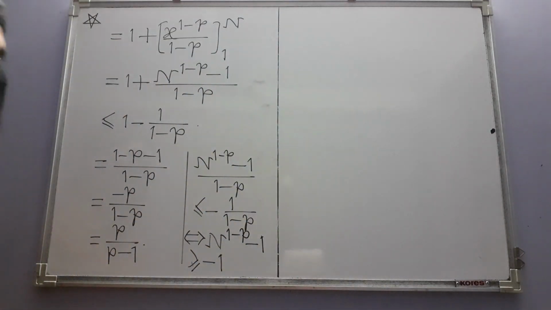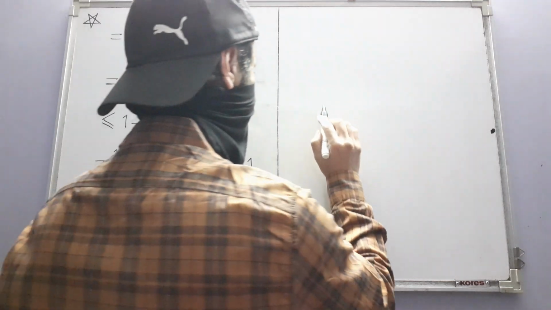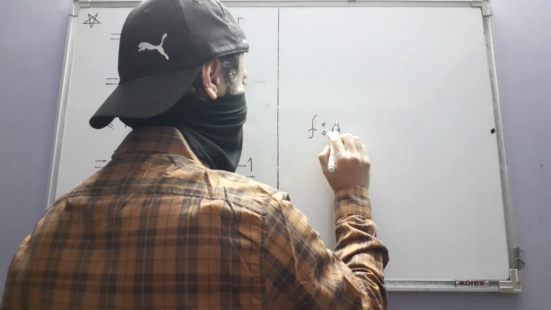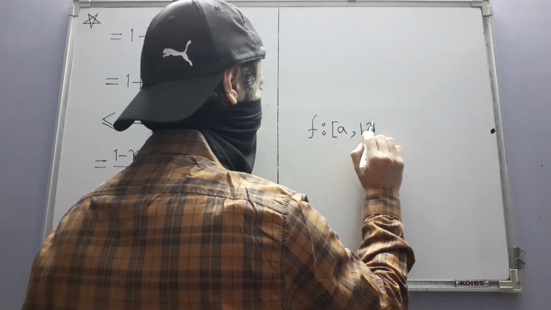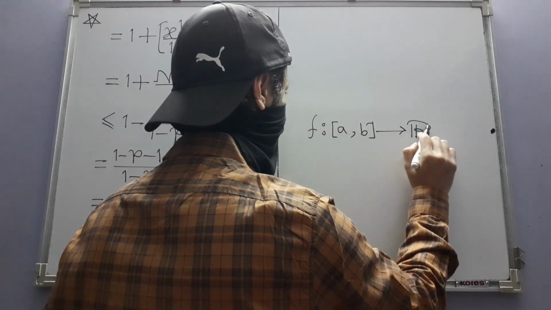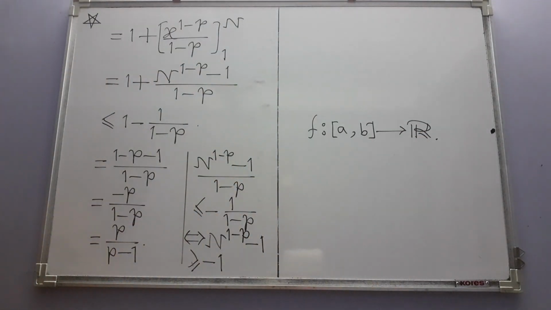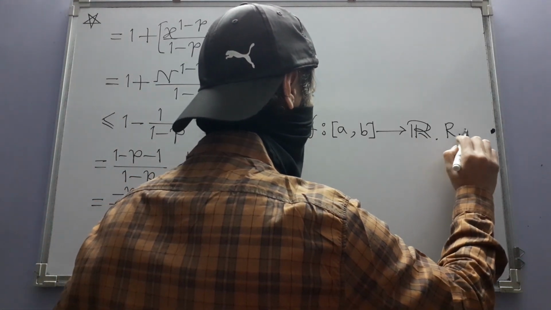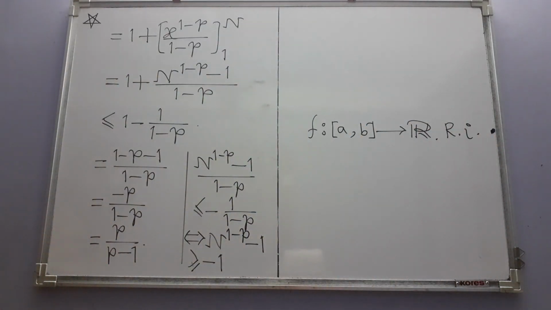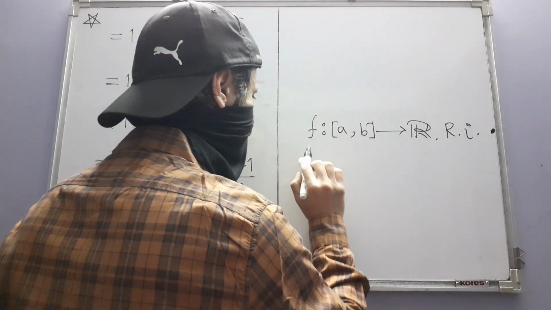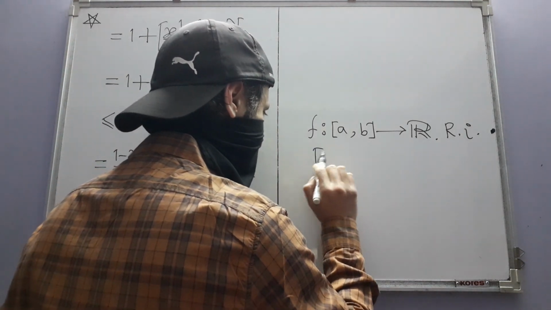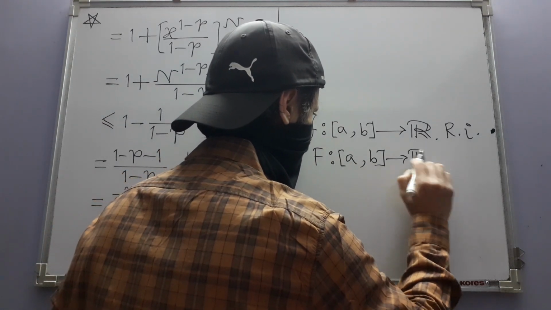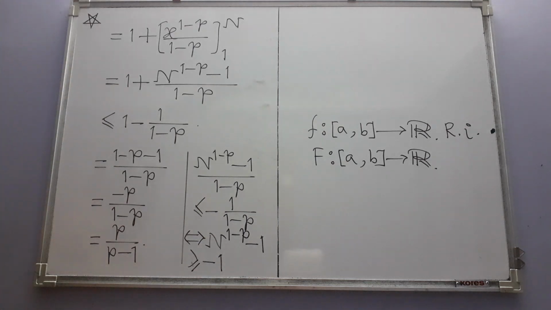This is the statement of the second fundamental theorem. Suppose you have a function f on a closed interval [a, b], where a is less than b, a and b are real numbers, such that f is Riemann integrable, and f has an antiderivative, capital F. What is an antiderivative?